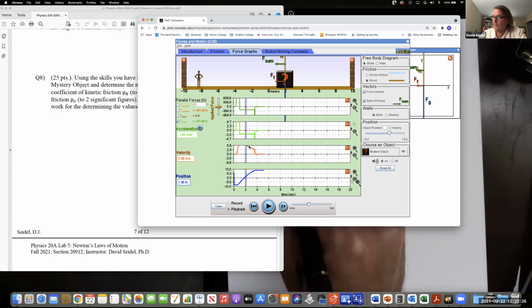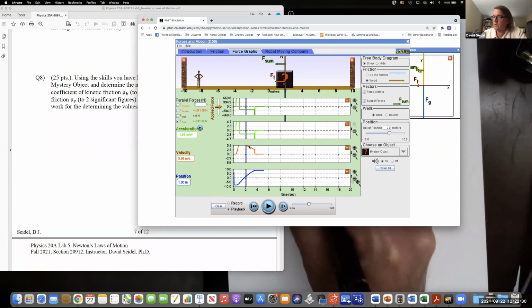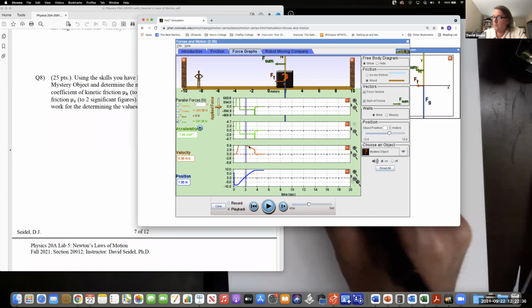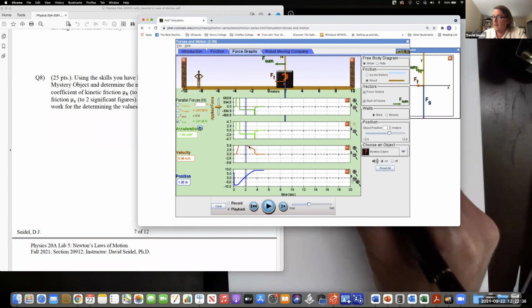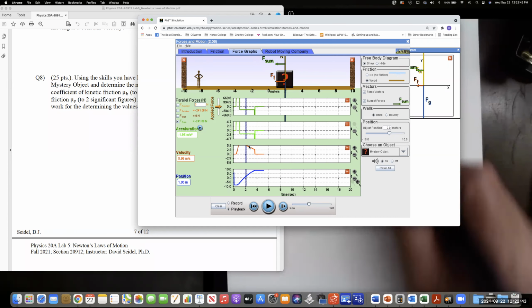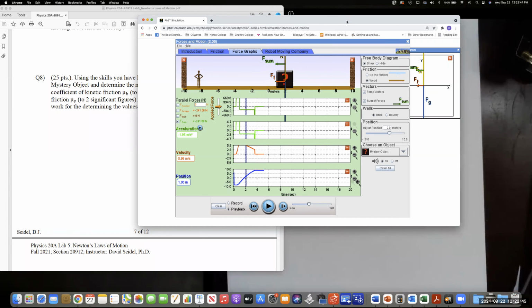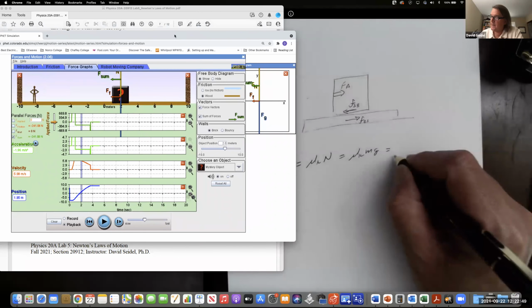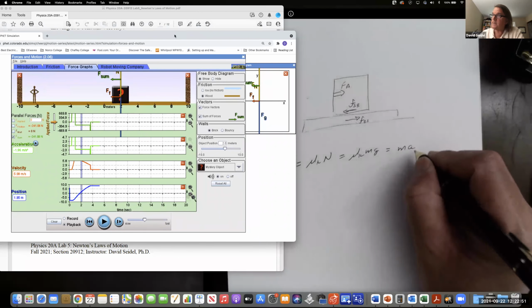So F, which is equal to mu sub k times n, is equal to mu sub k m g, has to equal the mass times acceleration.